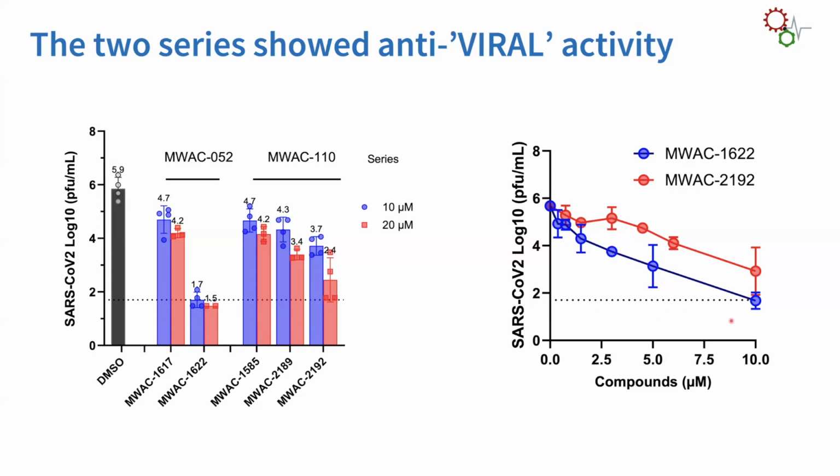With more data points, we see a nice dose response curve in terms of progeny virus titer, which is pretty exciting for us. The nice thing about these 2 compounds is that they have great virus reduction at 10 micromolar without any cytotoxicity. So it allowed us to do some genetic study.